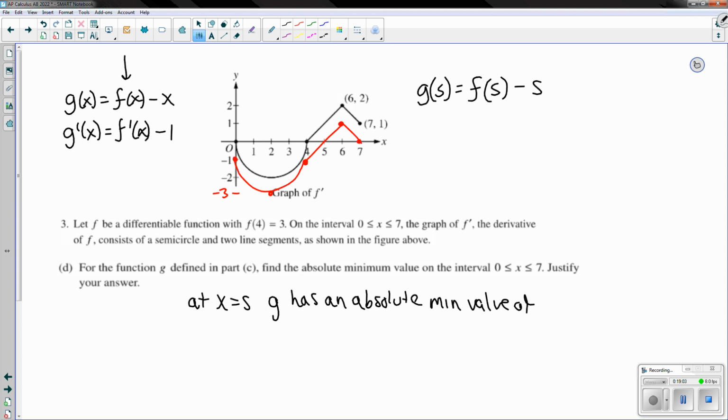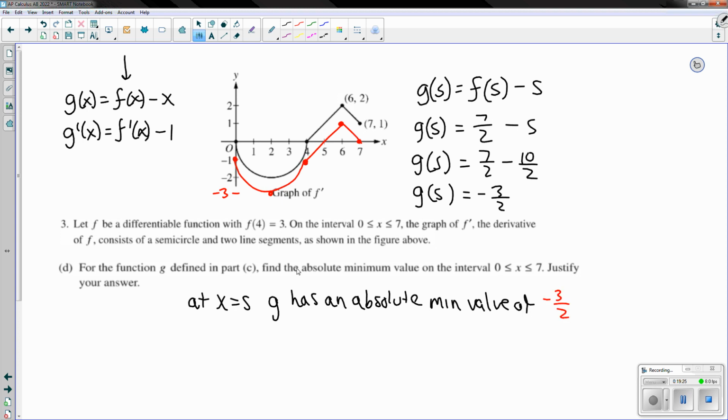So we're using this g of x function. We're going to evaluate it. Now, what's the nice part about this? We already found f of 5 in part A, which turned out to be 7/2 minus 5. So g of 5 is equal to 7/2 minus 10/2. So g of 5 is equal to negative 3/2. So we have an absolute minimum value of negative 3/2.